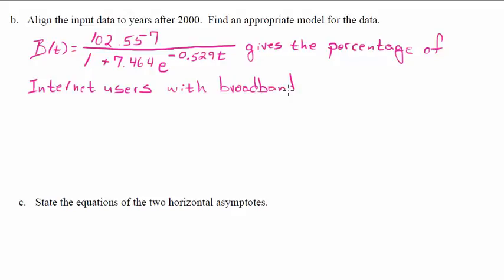Alright, so that's my output, where my input here, T, the stuff that I put in list 1, that 0 through 9, was the number of years after 2000.